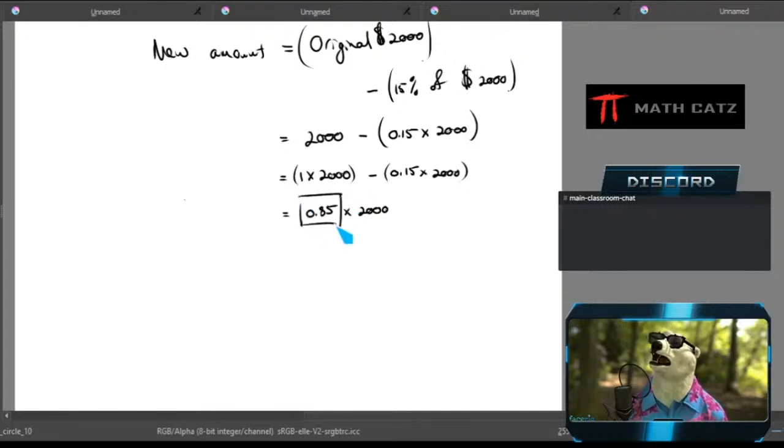So here is my adjustment factor, whatever you want to call it. It again comes from three things.